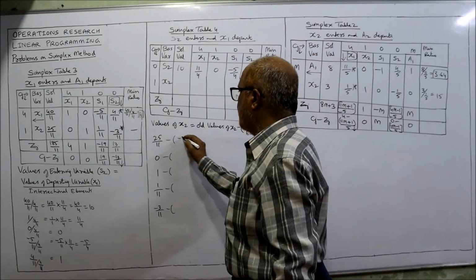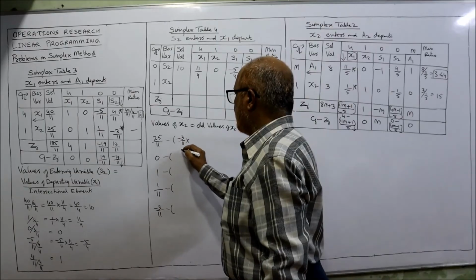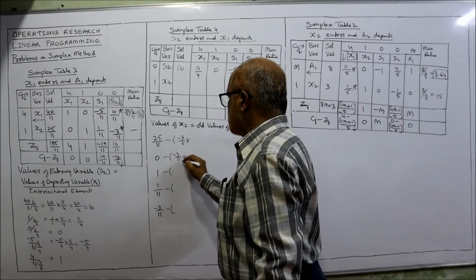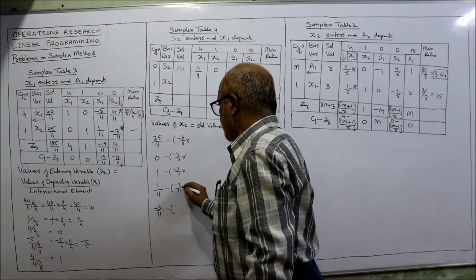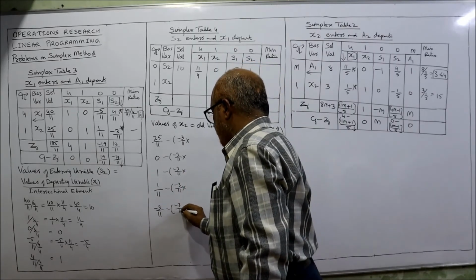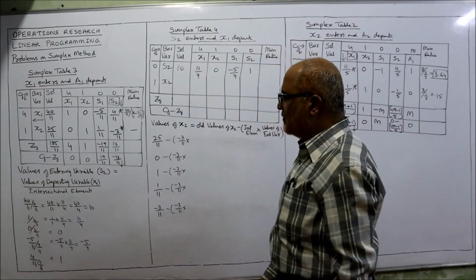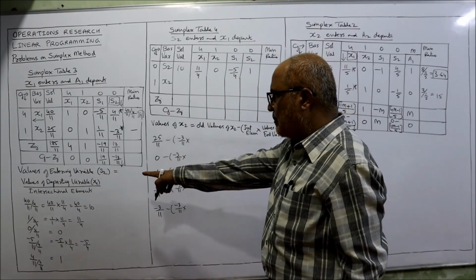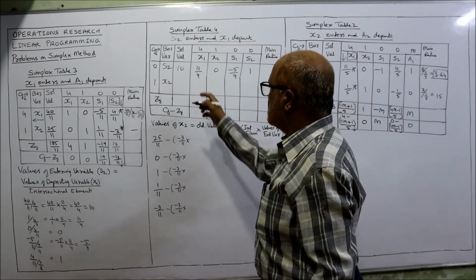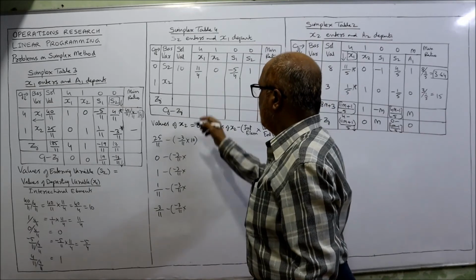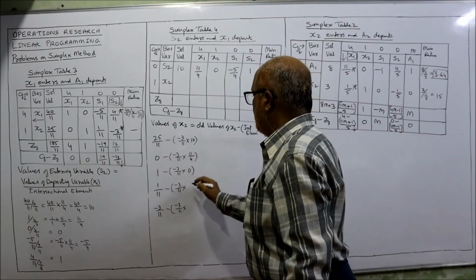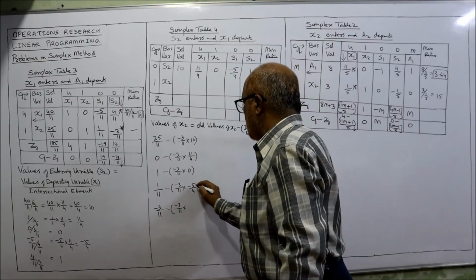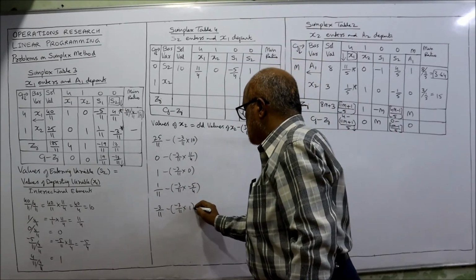Minus 3 by 11, into the values of the entering variable. The entering variable values are 10, 11 by 4, 0, minus 5 by 4, and lastly 1.